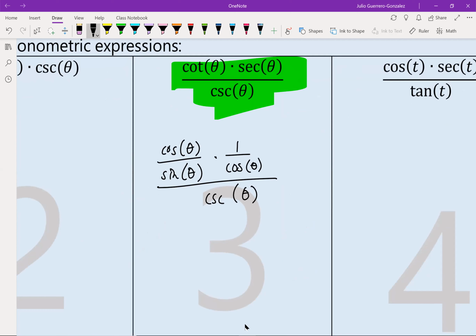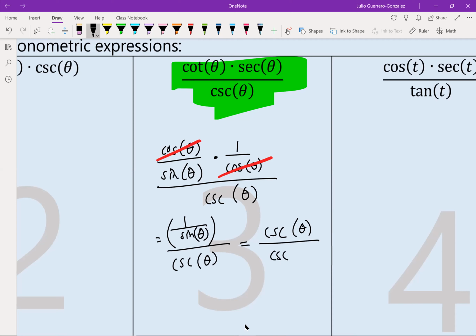We have cosine on top and on bottom, so they can go away. We get left with 1 over sine theta divided by cosecant theta. 1 over sine of theta is cosecant of theta, so cosecant of theta over cosecant of theta is equal to 1.